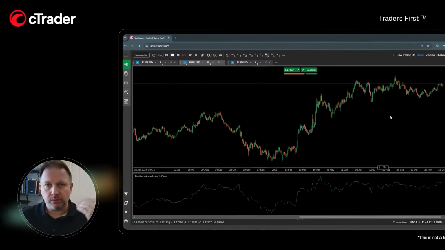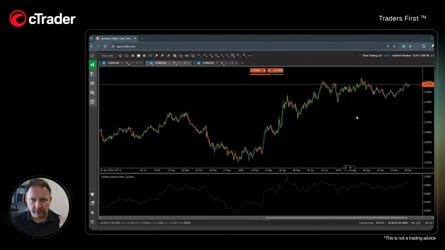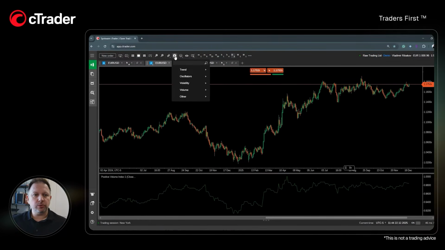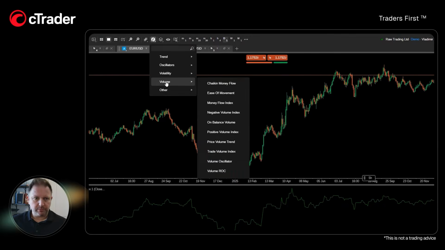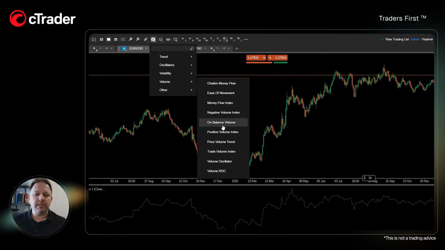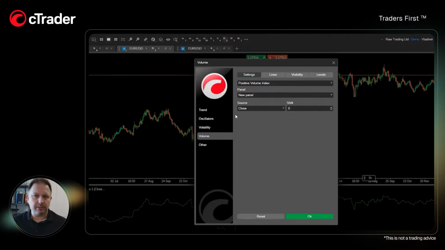So let's see where we find this indicator and how we read it on the chart. You go to the indicator section, volume, and you would see here the positive volume index. When you click on that, you would see that it is applied to compare the bar based on the close price. This is by default.